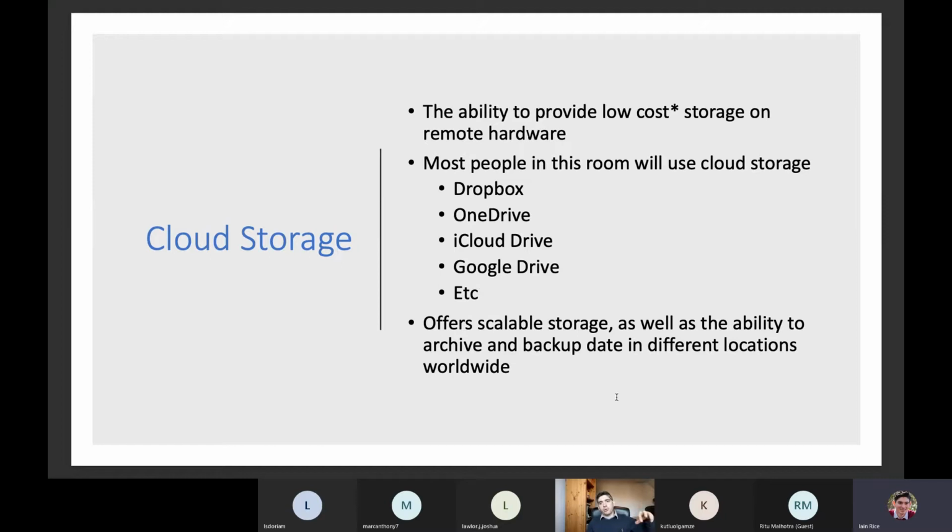So these offer scalable storage as well as the ability to archive and backup data in different locations worldwide. And it's generally a fraction of the cost to increase your storage, say on Dropbox to 1 terabyte, or whatever, than it would cost you to go out and buy a terabyte hard drive to physically store your data on and keep safe yourself.